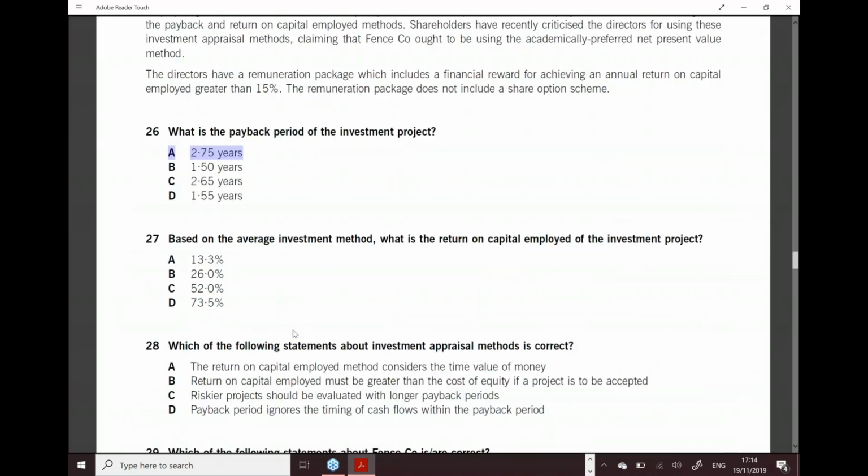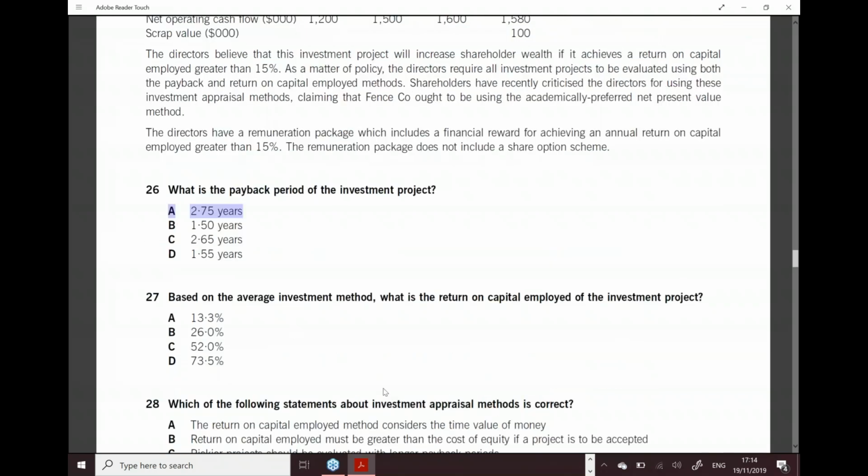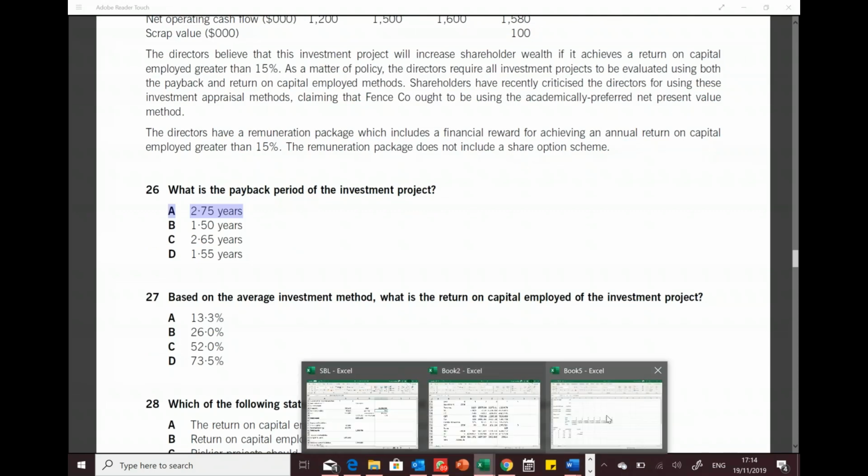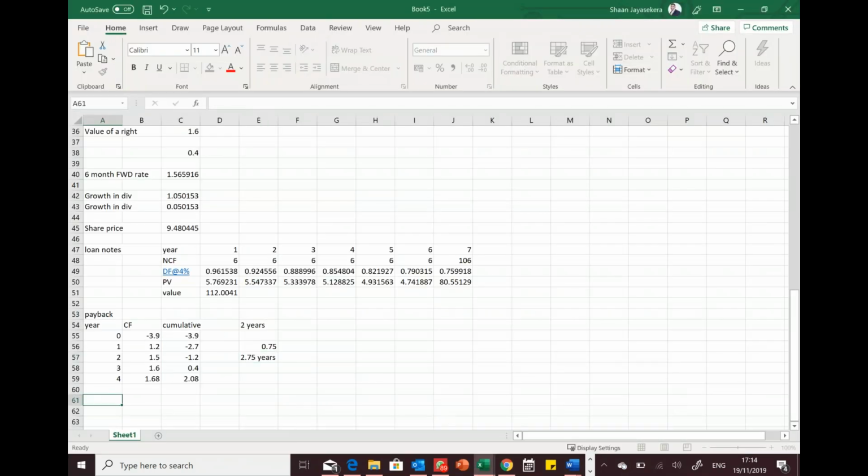Based on the average investment method, what is the return on capital employed? Now, to work out the return on capital employed, first of all I need to work out my average investment. I'm trying to work out my ROCE, or call it an ARR, whatever you want.